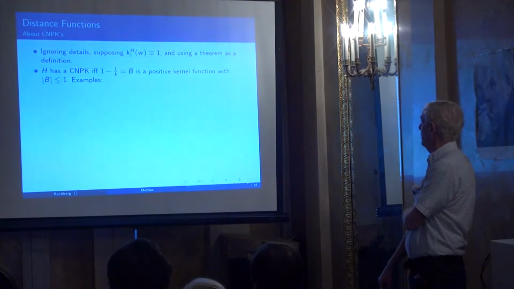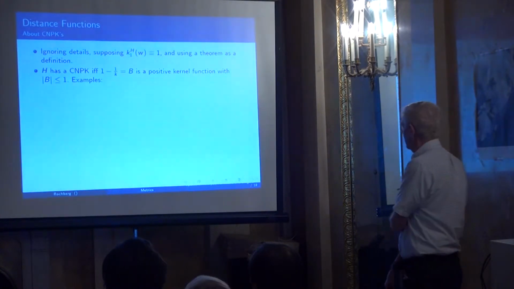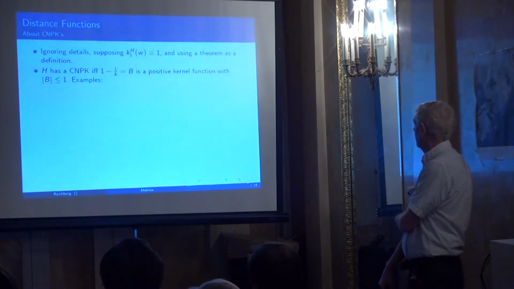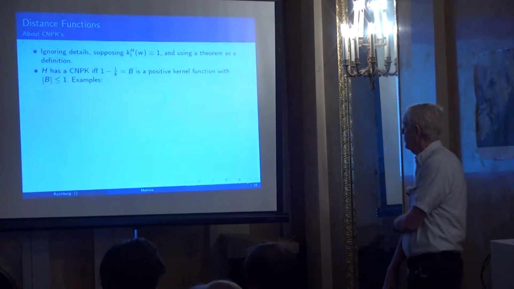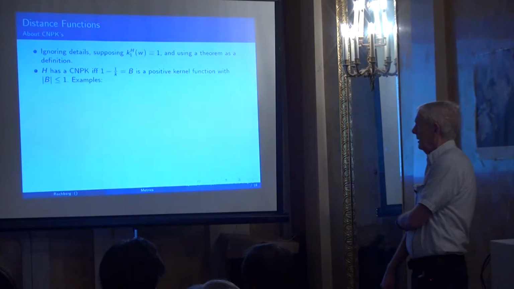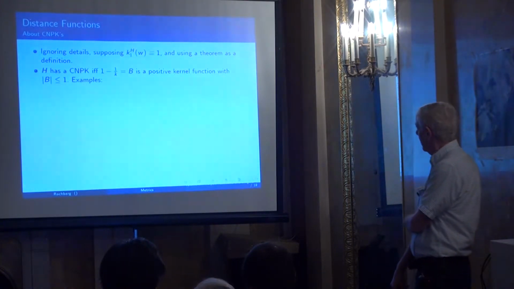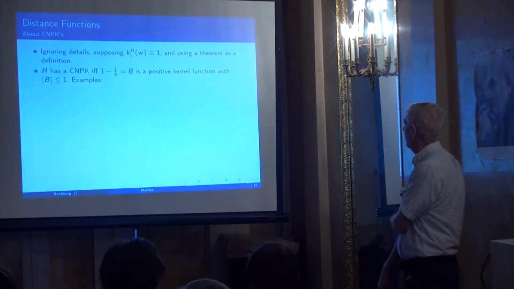It's a complete Nevanlinna-Pick kernel if and only if 1 minus 1 over the kernel function, that's a function of 2 variables, is a positive kernel function of modulus less than 1. So positive kernel function means this function of 2 variables, x comma y: if I take a finite set of points and I look at b of x_i comma x_j, that should be a positive definite matrix for any set of n points.